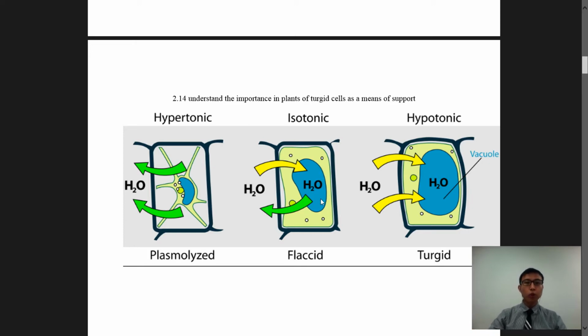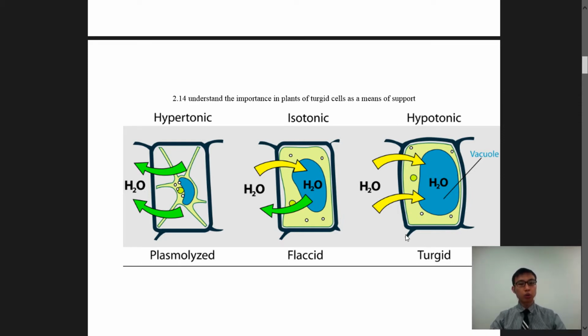When there's more water going into the cell, let's say it goes into an area with a lot of water surrounding it, high water potential, water is going to move in. You can see the yellow arrows right here into the cell, and the cell swells up, okay? And you see the vacuole is much larger and filled with water. And this is a turgid cell.